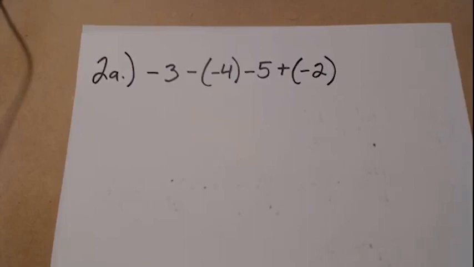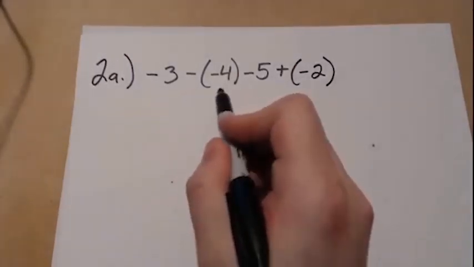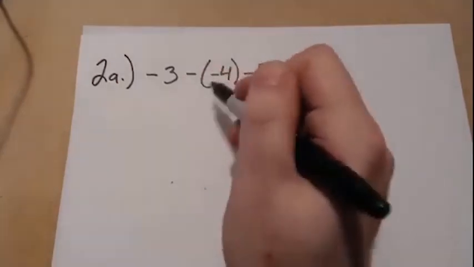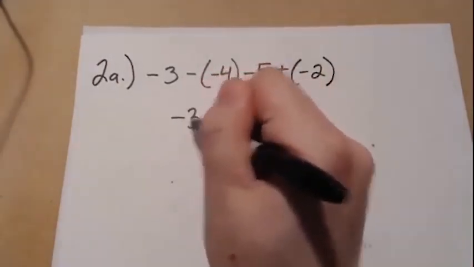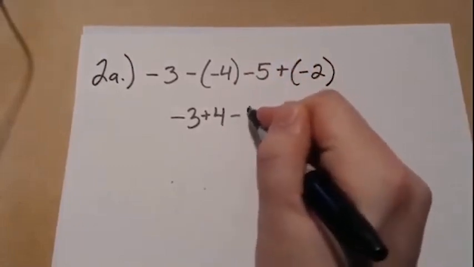So remember, order of operations tells us addition and subtraction happens in the same step from left to right. So let's work from left to right. -3 minus -4, minus a negative is plus.